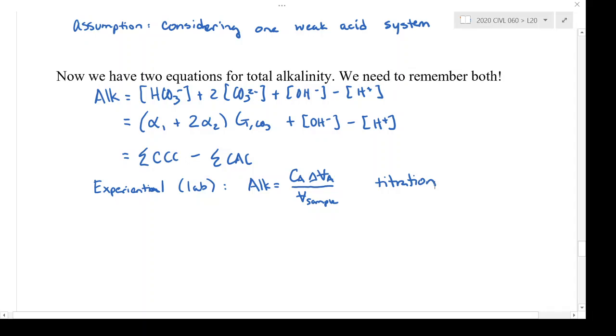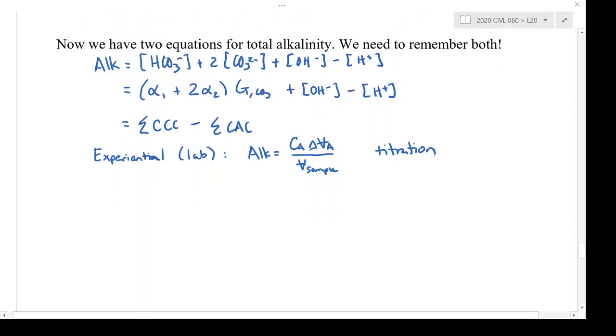Just before we leave, I want to make one other comment, and that is that the units of alkalinity are equivalents per liter and not moles per liter, and that's because it's based on a charge balance.